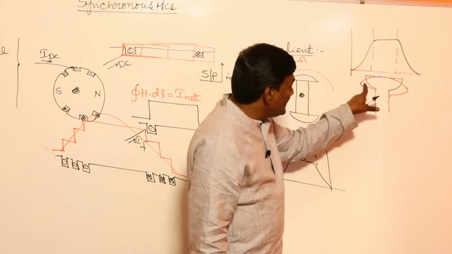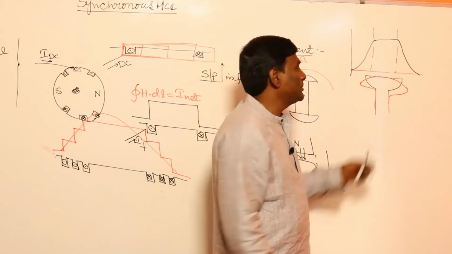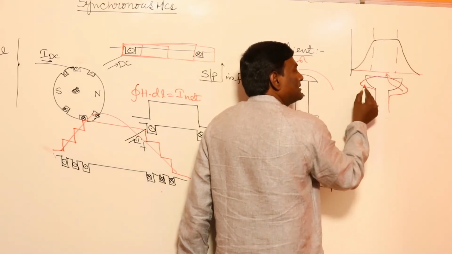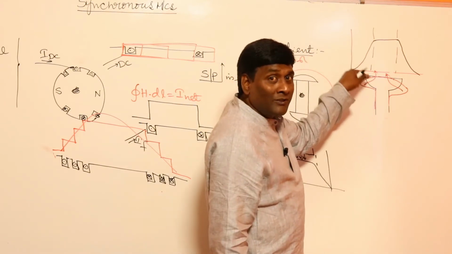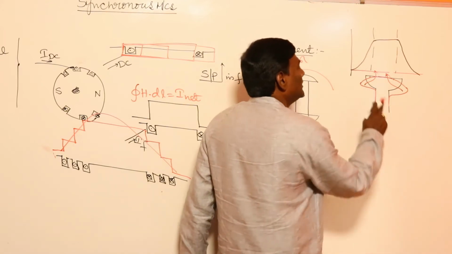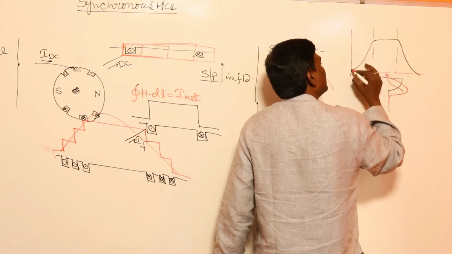If reluctance is increased, my flux will try to flow through the low reluctance path, such that flux which was previously here will now go through here. So at the pole tips flux density will be reduced, and at the pole center flux density will be increased.